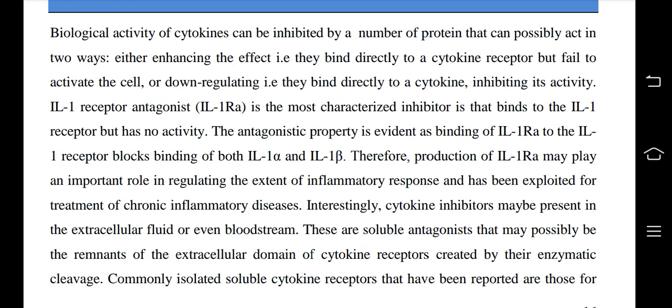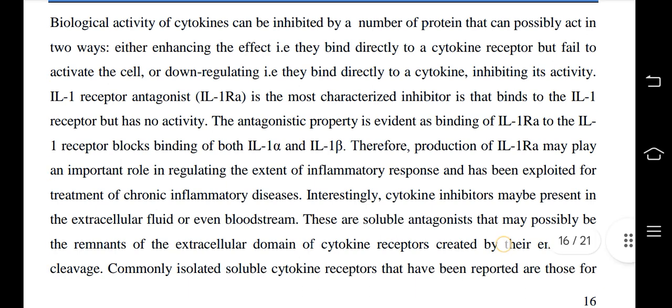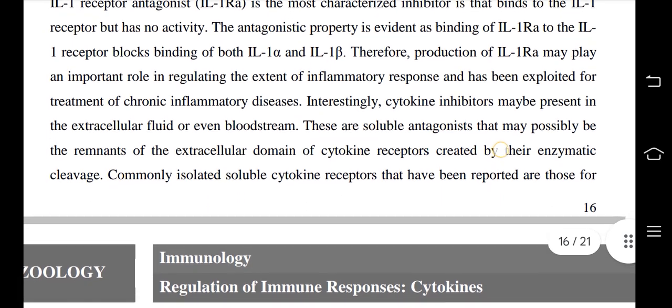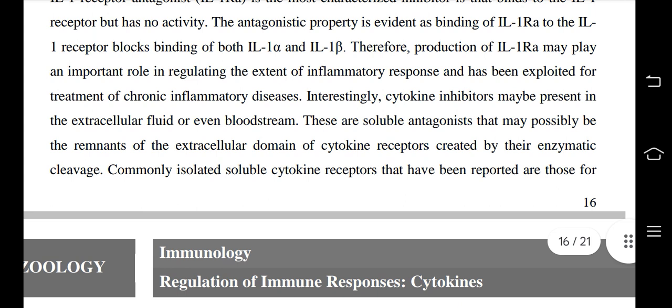The antagonistic property is evident as binding of IL-1RA to the IL-1 receptor blocks binding of both IL-1 alpha and IL-1 beta. Therefore, production of IL-1RA may play an important role in regulating the extent of inflammatory response and has been exploited for treatment of chronic inflammatory diseases.